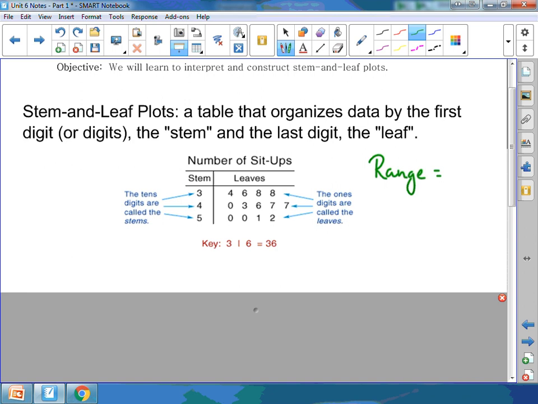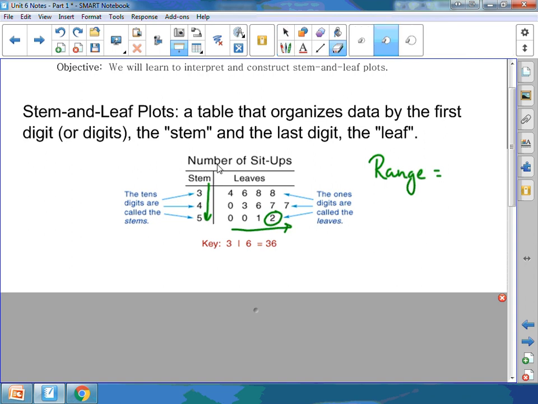Paul? 52. And the way we can easily read that is, and I'm sure you noticed this, that the leaves are all in order, from least to greatest as you move to the right. And the stems are also in order from top to bottom. So he just went down to the bottom, over to the far right. This 2 represents 52 sit-ups.